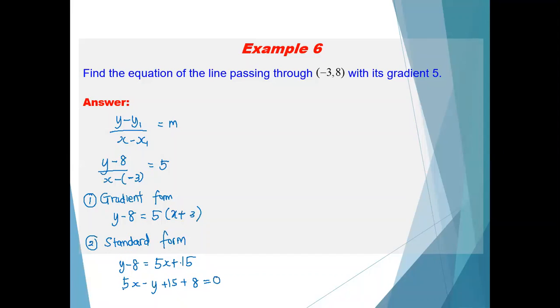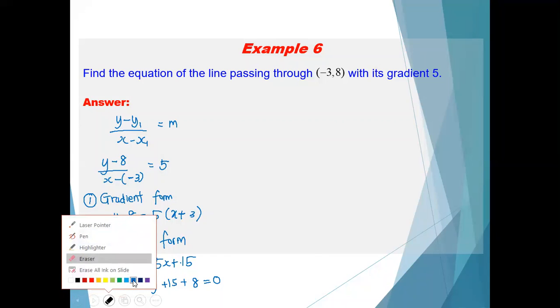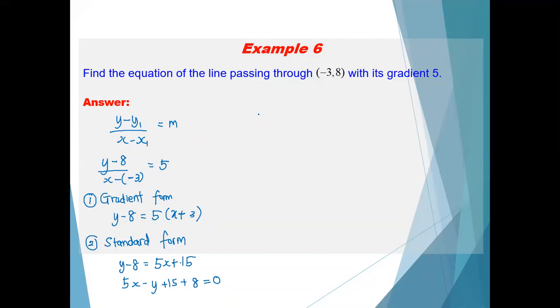So now we have a standard form, again, we have 5x minus y plus 7 equal to 0, and then this is a standard form.